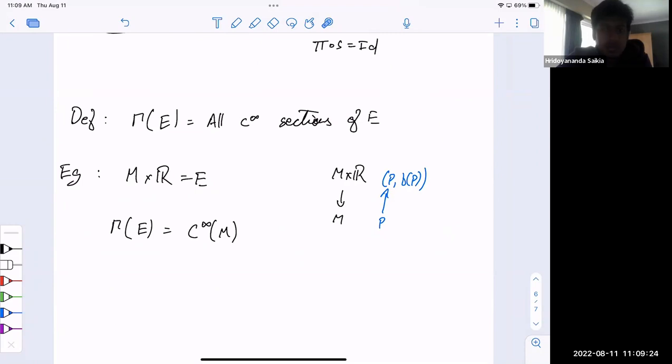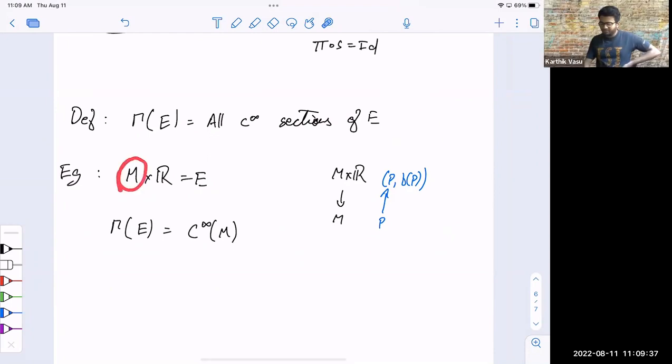So I have one more question. Is the image of a section a manifold again? Is it smoothly isomorphic to the original manifold? Yeah, it has to be isomorphic to this manifold, because it will be a one-to-one map.